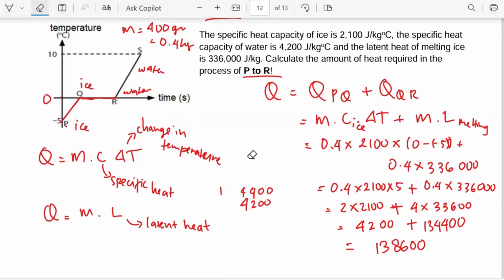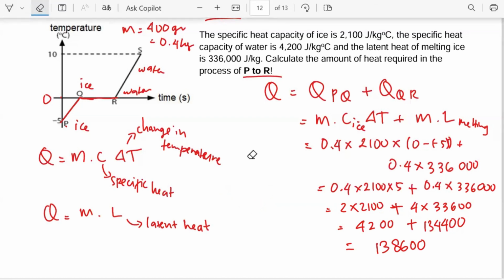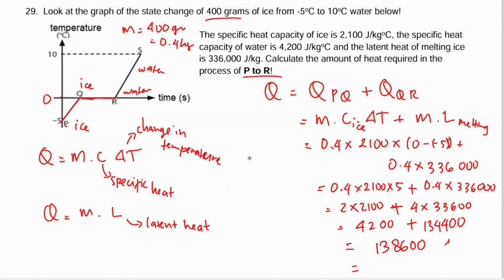So the answer is 138,600 joule. So Q total is 138,600 joule.